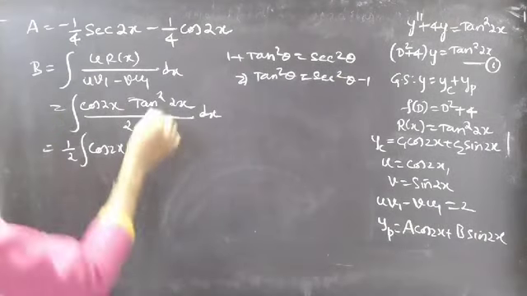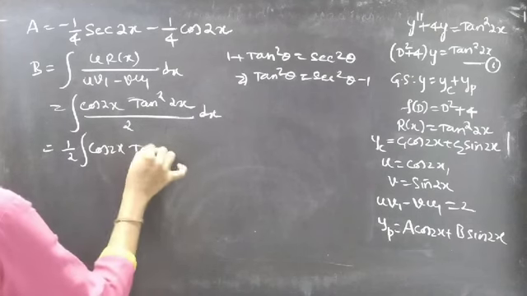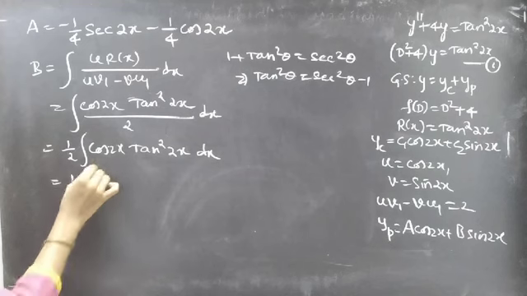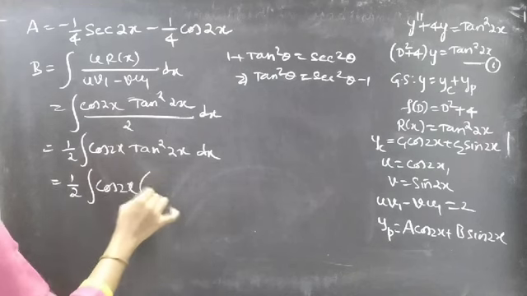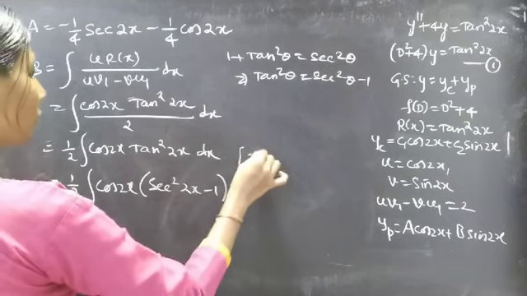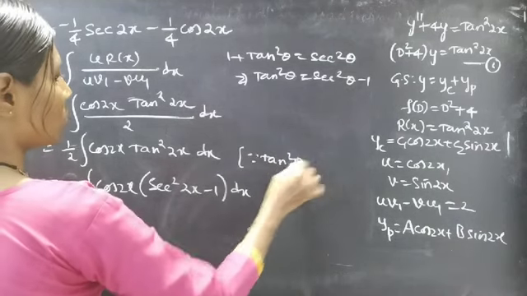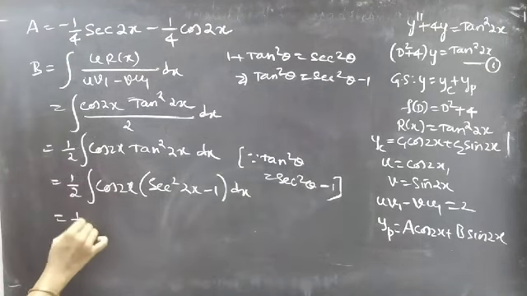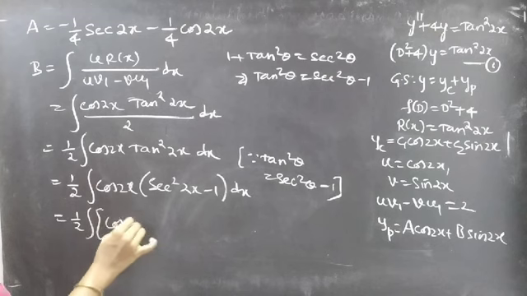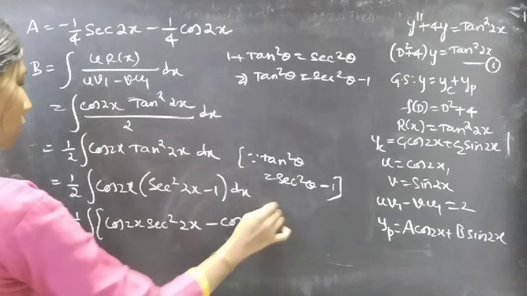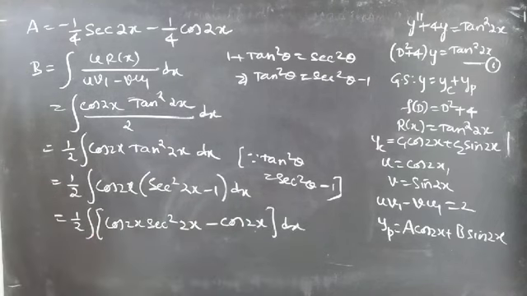So let's replace tan square theta with secant square theta minus 1 in the next step. This is equals to 1 by 2 integral of cos 2x secant square 2x minus cos 2x into dx. We can write secant square 2x as secant 2x into secant 2x.